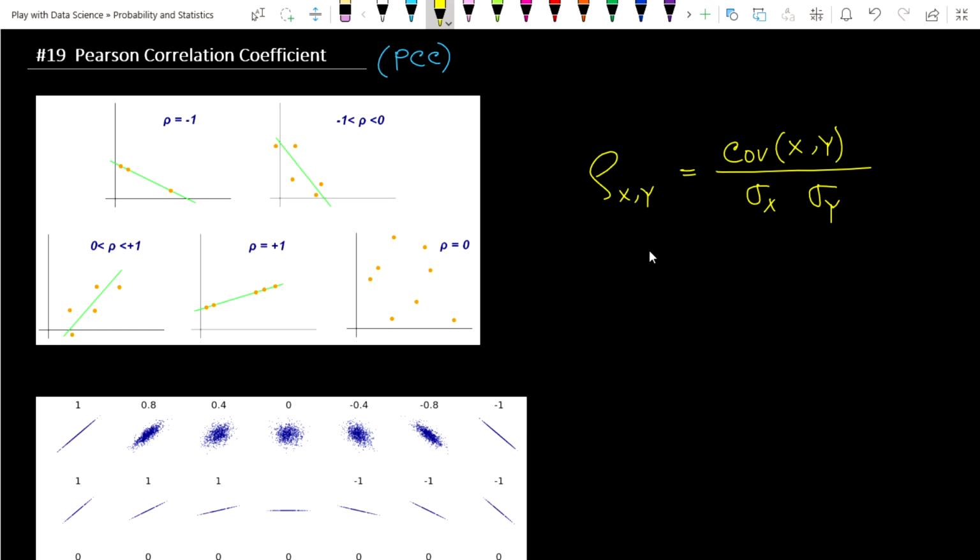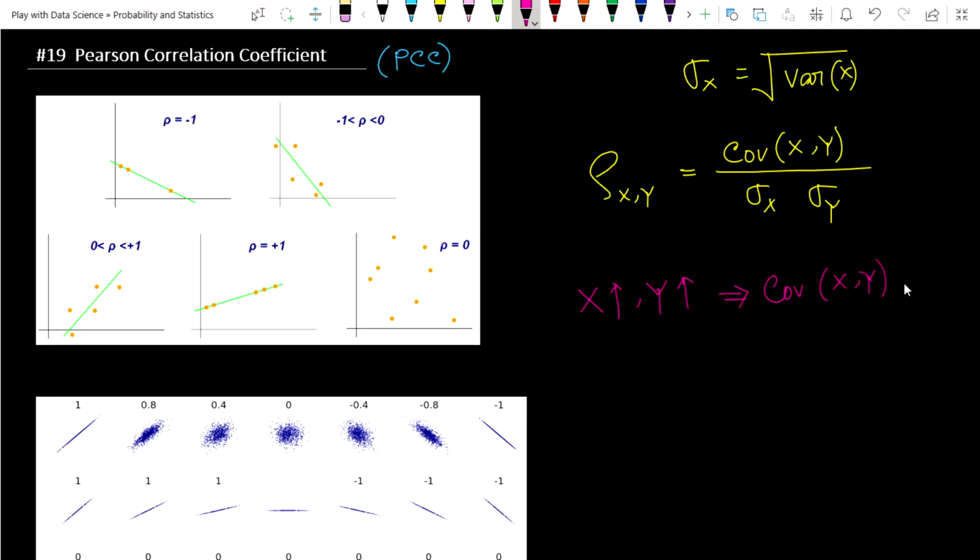Sigma x is simply the square root of the variance of x. We have already seen that if x increases and y increases, then the covariance of x and y is positive.